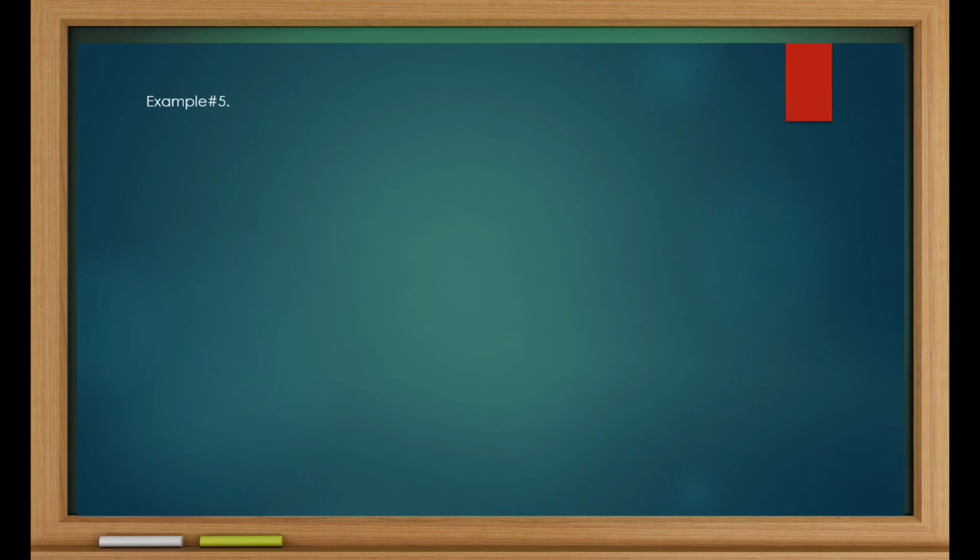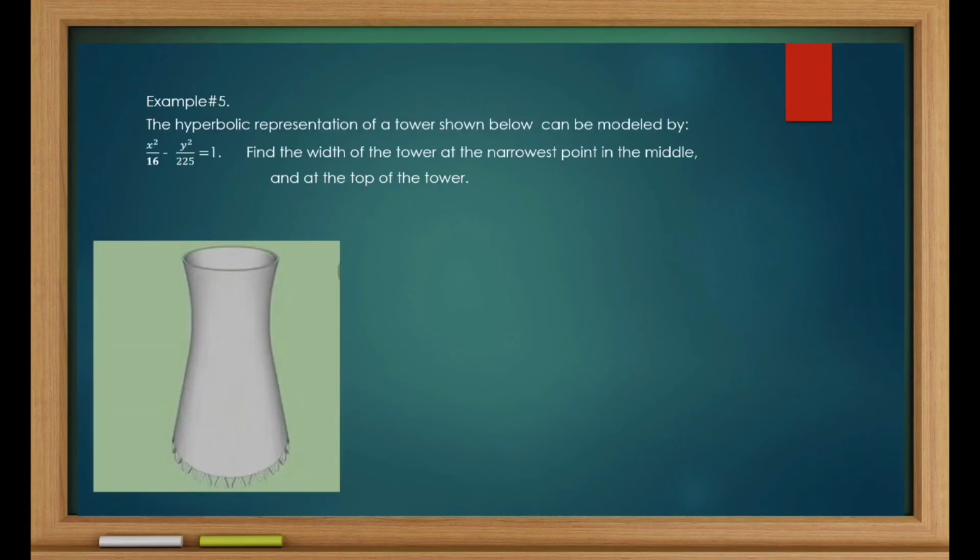Next, let's proceed to example number 5. Example number 5 is a real-life problem. The question is: the hyperbolic representation of a tower shown below can be modeled by the equation x squared over 16 minus y squared over 225 equals 1. Find the width of the tower at the narrowest point in the middle and at the top of the tower.